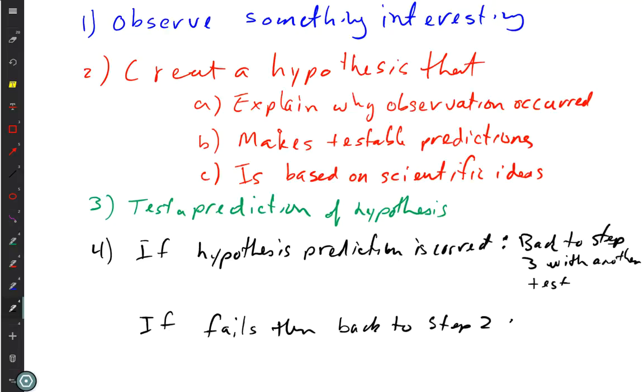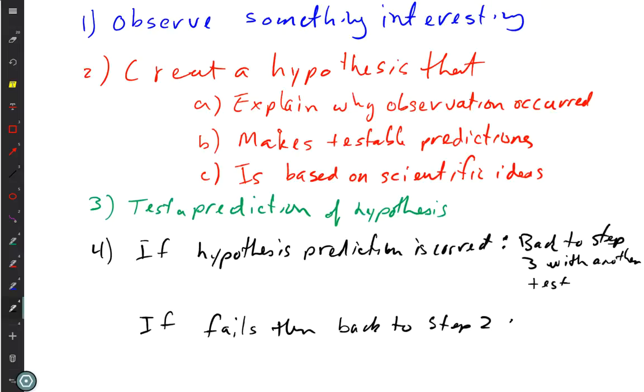So the second half of this is I am going to give you an observation. Let's say you notice that the sun rises later and sets earlier in January as compared to in July, where it rises earlier and sets later.